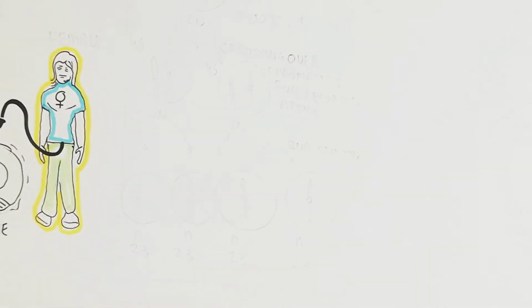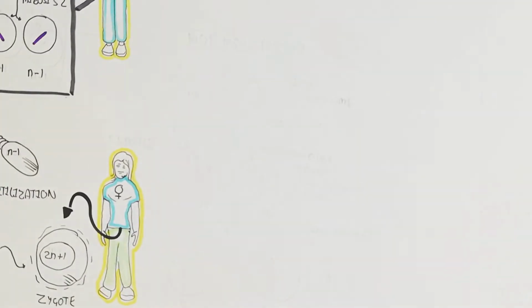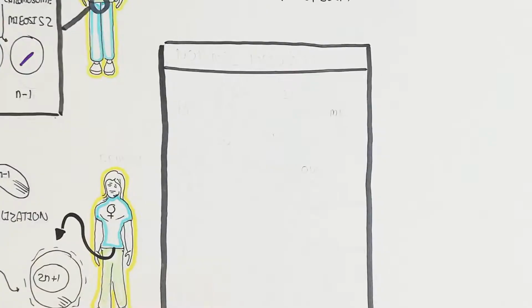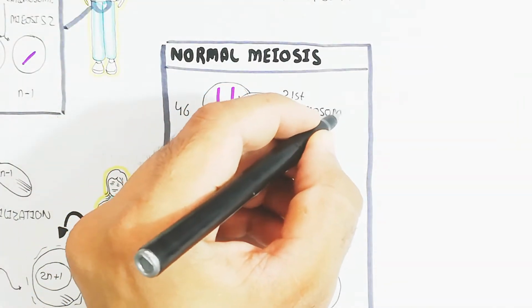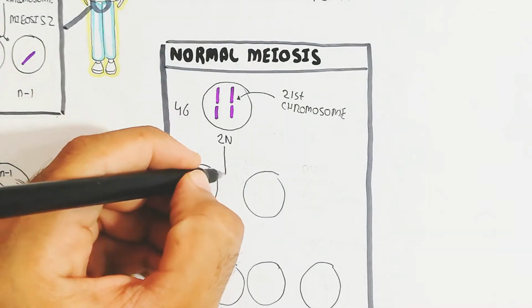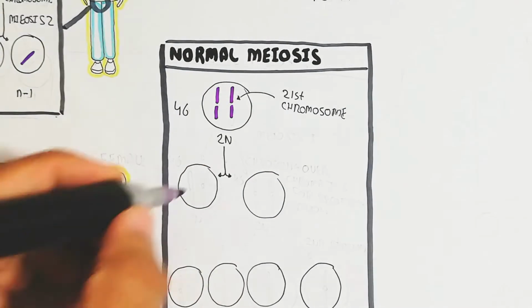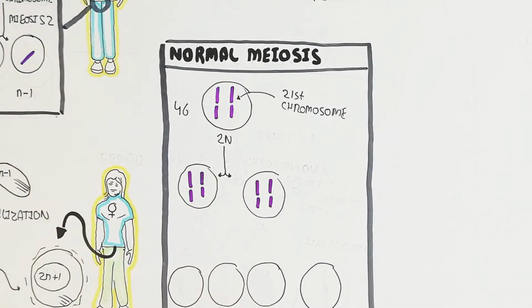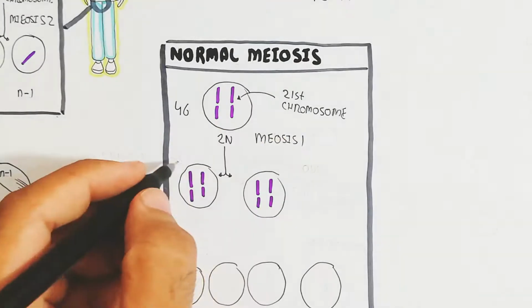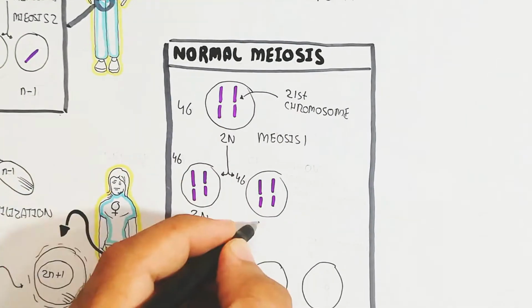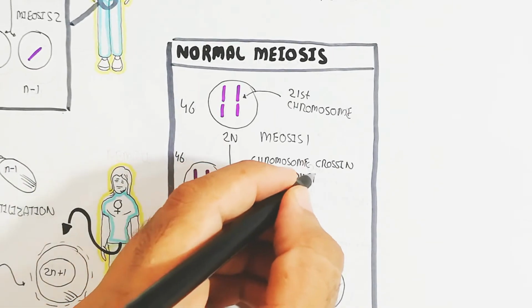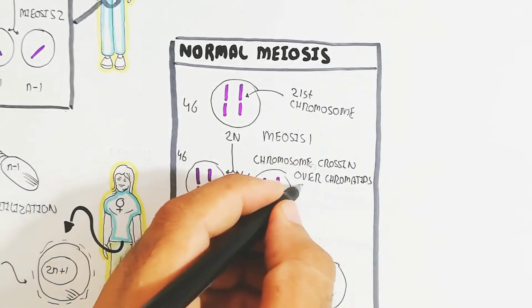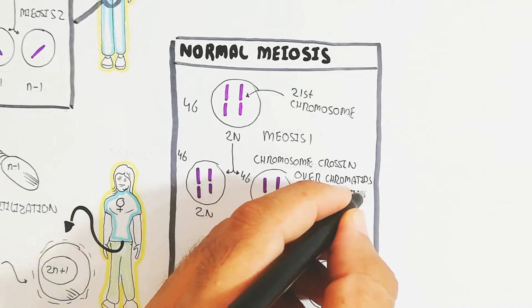So here are the causes, we will discuss first. First of all we will discuss the normal meiosis. This is the normal meiosis, with 46 chromosomes containing the 21st chromosome, I am drawing just one. It will copy, and meiosis 1 separates this copy to again 46, diploid, and the chromosome crossing over of the chromatids for recombination will occur in this phase, meiosis 1.